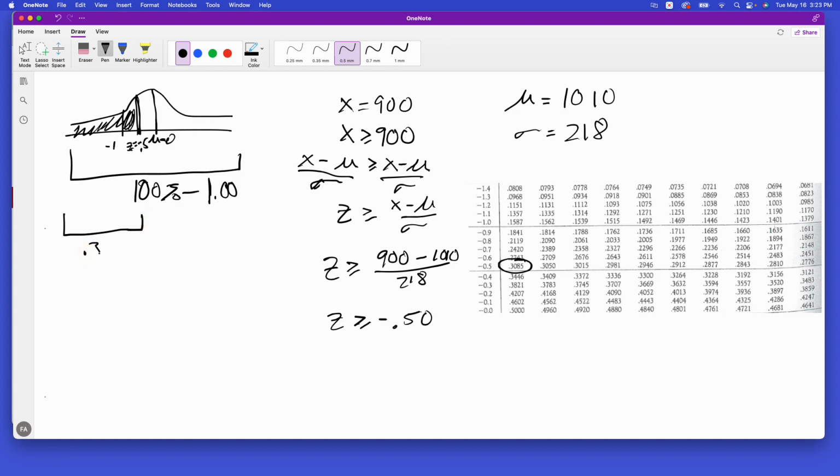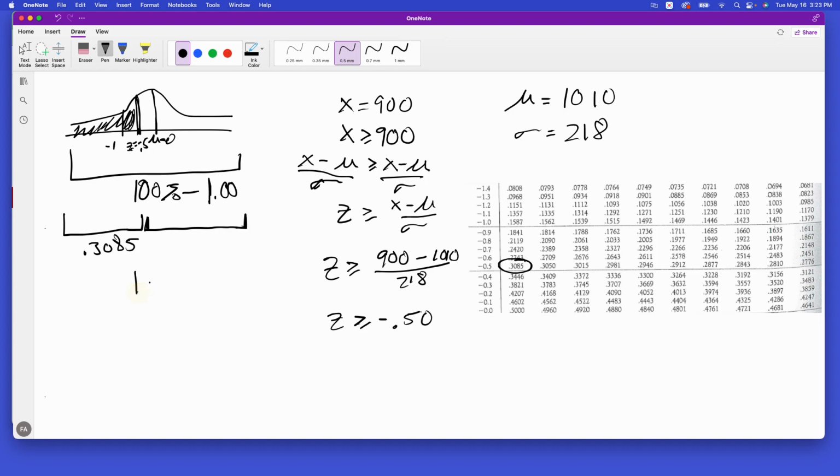This is 0.3085, or 30.85% of the population. And this over here is really what we're worried about in this instance, because we want to know what percentage of people have a 900 or better on the score. Well, this is how many people have a 900 or less.